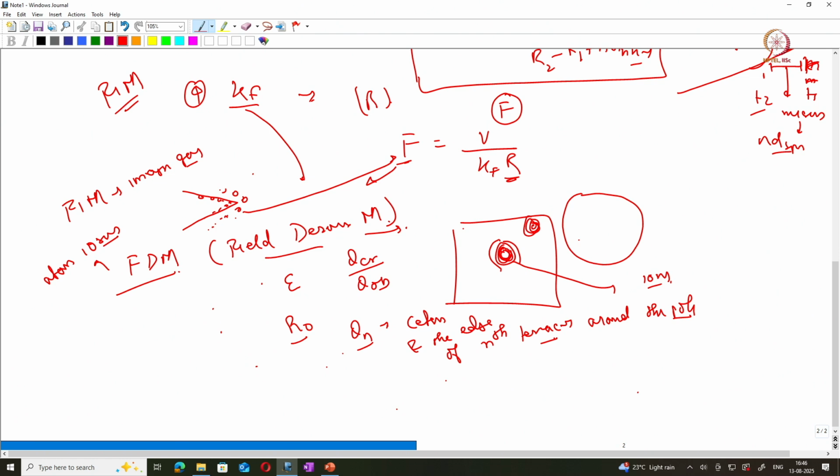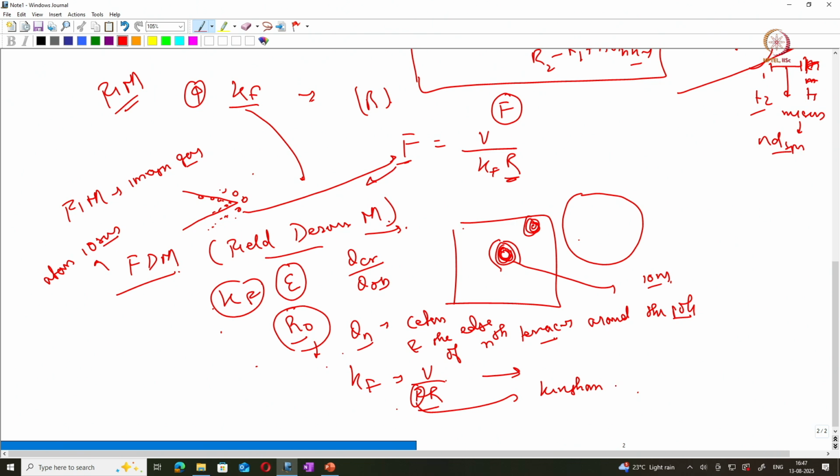Okay, so before we determine the R0, it is necessary to determine the xi and also the kf, which is the field factor. Okay, so kf, as we explained, is in V equal to kf F r, and for the FDM we can estimate the kf or the F by the Kingham diagrams or plots.